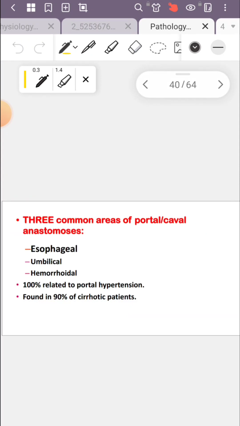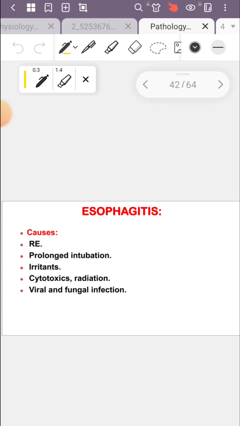Reflux esophagitis, inflammation of the esophagus, reflux esophagitis or prolonged intubation, irritant, any irritant, chemical, acid. Someone drinks juice, drinks kerosene, these are all irritants. Food by themselves, cytotoxic radiation, any irritant, any hot drinks also, viral infections. All of these can cause esophagitis.